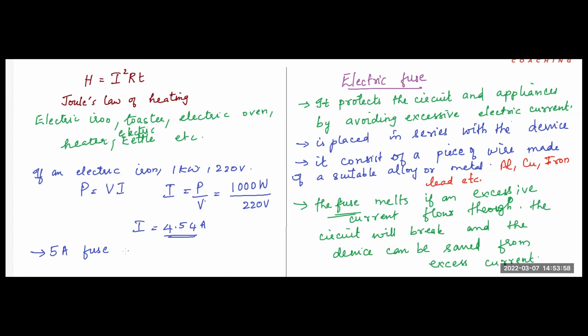A 5 ampere fuse can be used along with such a heater. Fuses are available in different ratings, like 1 ampere, 2 ampere, 3 ampere, 5 ampere, 10 ampere, etc.